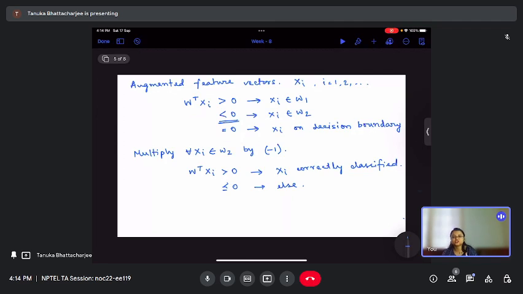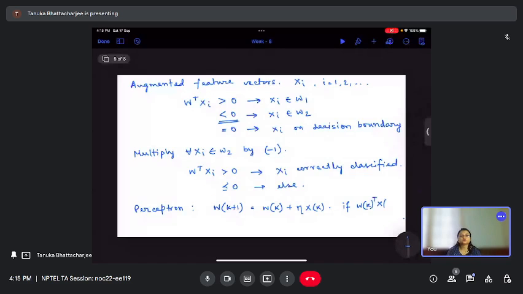So what is the sequential perceptron algorithm in this case? I am taking the sequential algorithm here. The perceptron algorithm will be w k plus 1 equals w k plus eta times x k, if w k transpose x k is less than or equal to 0.